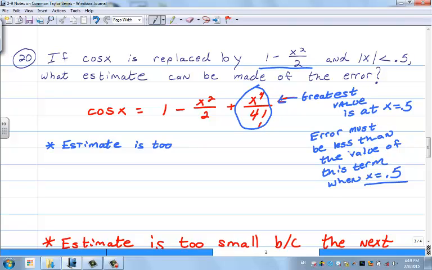Okay, so the estimate is too small because the next term adds something rather than subtracting it.